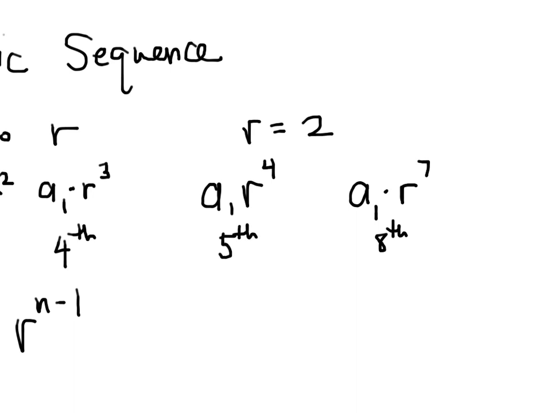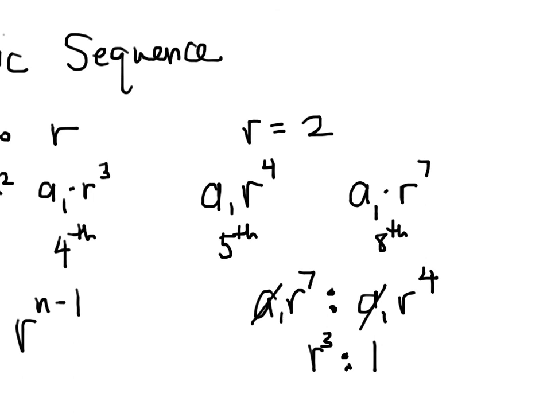And if you want to figure out the ratio, it would be A1 r to the seventh to A1 r to the fourth. Of course, the A1's cancel, and we're just left with r cubed to 1. And of course, if r is 2, then this becomes 8 to 1. So there you go. Super fancy math way of doing this. Of course, I prefer plug in a number and go with it.